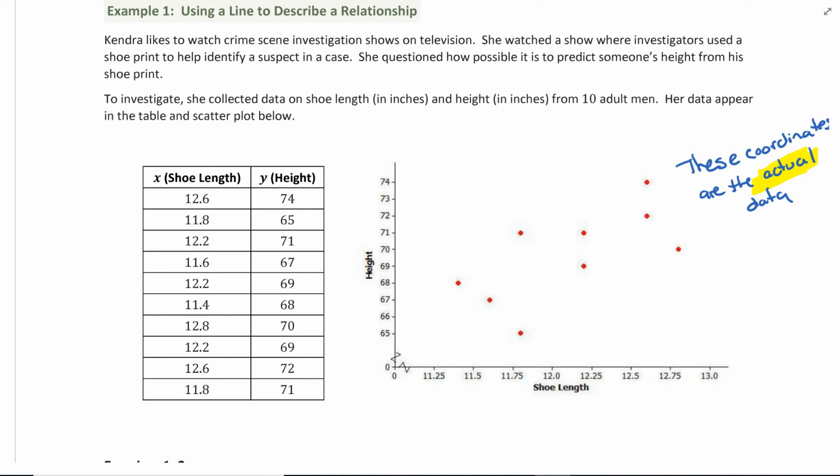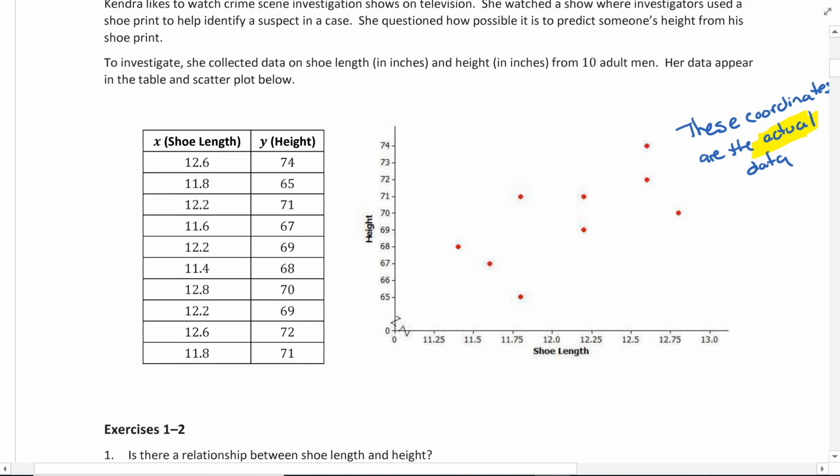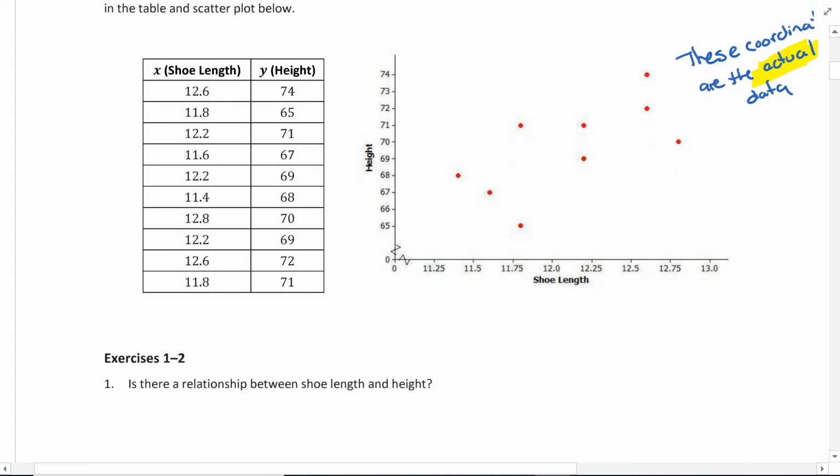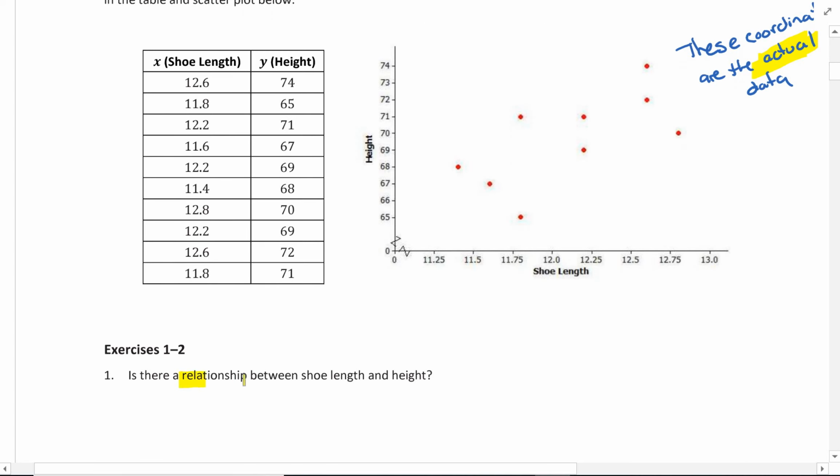actual data. And we see, if we just analyze it real quick, well, as my shoe length increases, as it goes from 11.25 to 12 to 12.5 to 13, it seems that the height of the people generally increase. And this makes logical sense because typically, if you have a larger shoe size, that means you're somewhat taller. So in number 1 it says, is there a relationship between shoe length and height? Now remember guys, relationship, one thing we're going to call this in this chapter and for the rest of the time we talk about math is correlation.